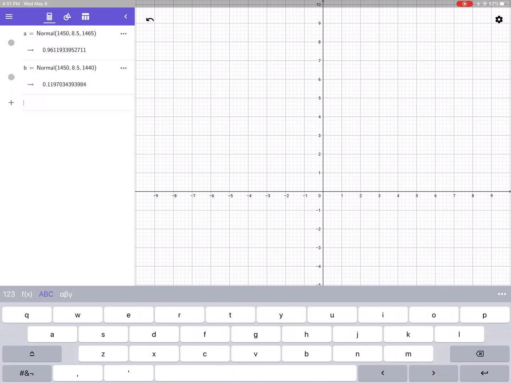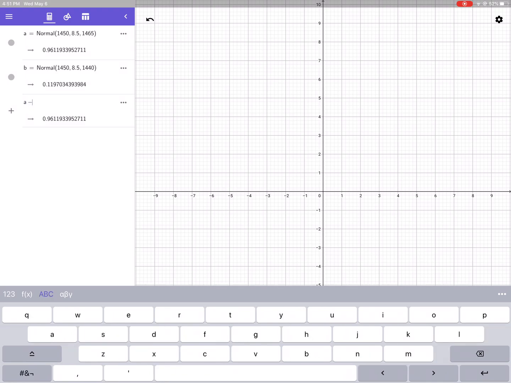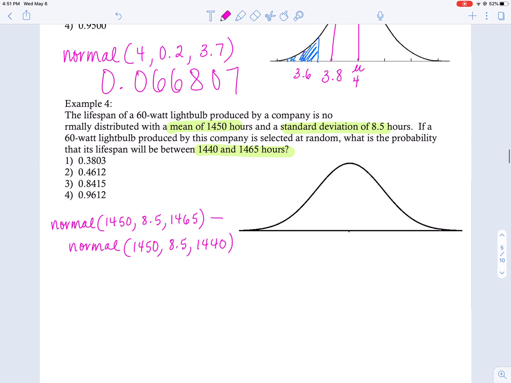So I'm going to show A minus B. And that should be what I'm looking for. It was something like 0.96119 minus 0.11970 gave me 0.84148, which had to be choice 3.